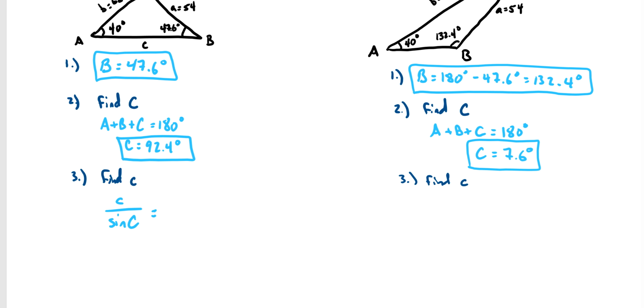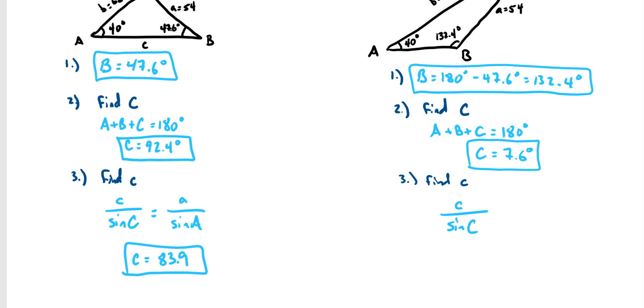So C over sine of C, and we have everything else that we need. So we can use B over sine of B or A over sine of A. It doesn't matter. Just plug in your necessary values. I'll leave it for you guys to go ahead and check. Side C for this one should be 83.9. And then for the one on the right, we're going to do the same exact thing.